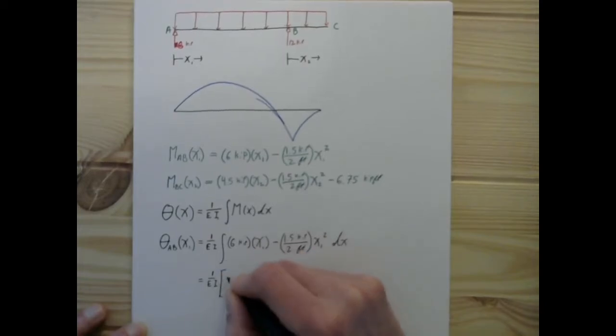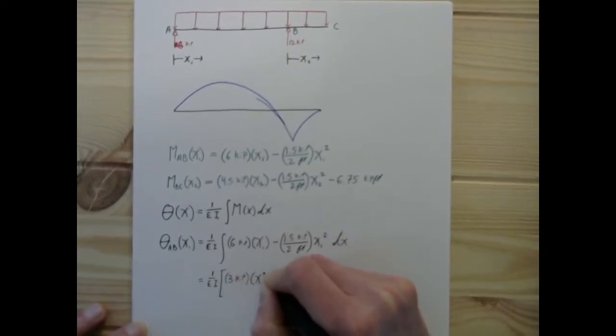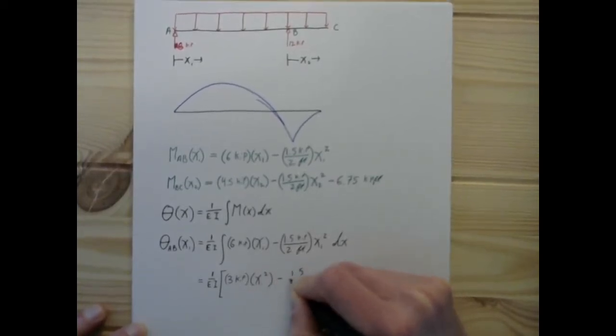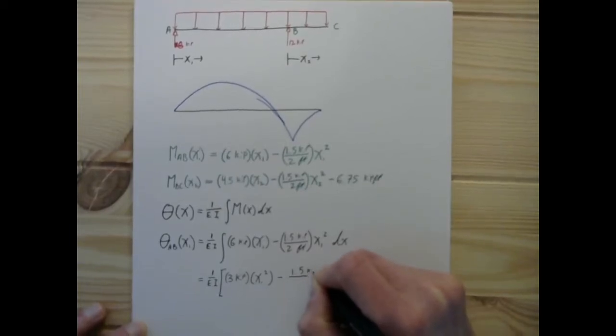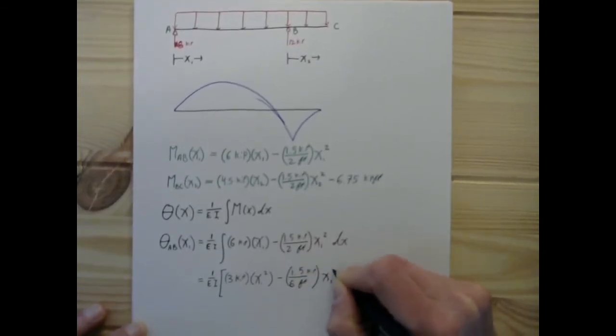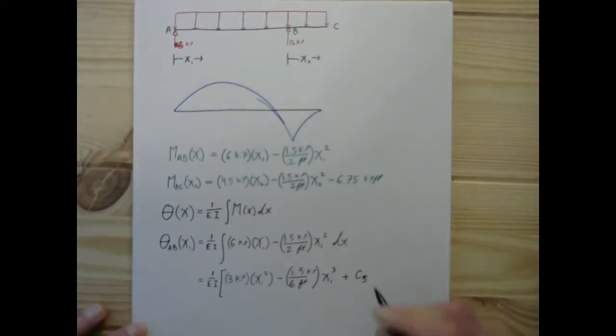Let's bracket what we're going to do: 3 kip x1 squared minus 1.5 kip over 6 feet x1 cubed plus some constant of integration. What constant of integration are we on? 5? Yeah, 5. C5.